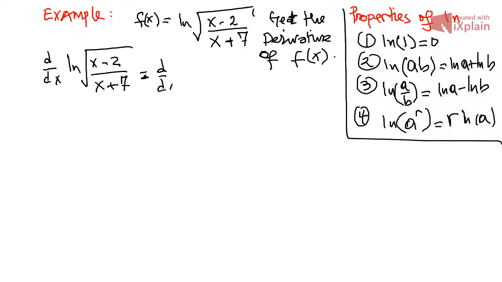So d over dx of natural log of x minus 2 over x plus 7 to the power of 1/2. So again, that power 1/2, I'm just going to go ahead and write the property down here. So if you have the square root of a, it's the same thing as a to the power of 1/2.